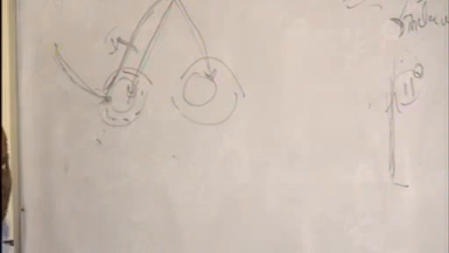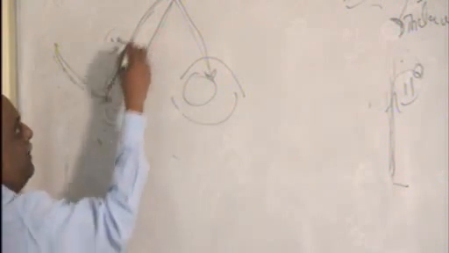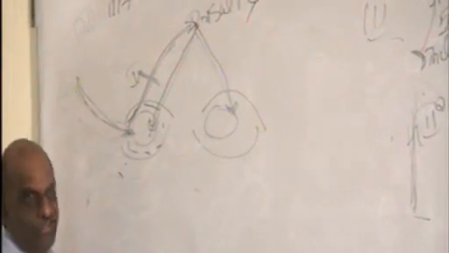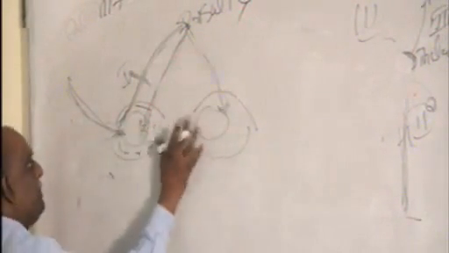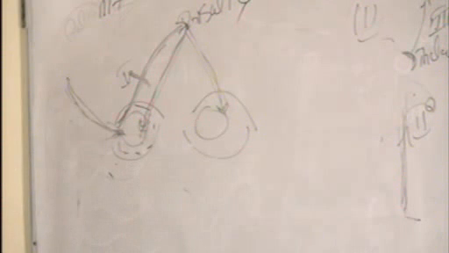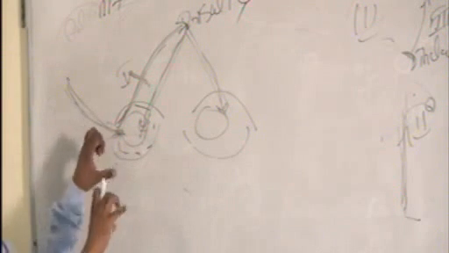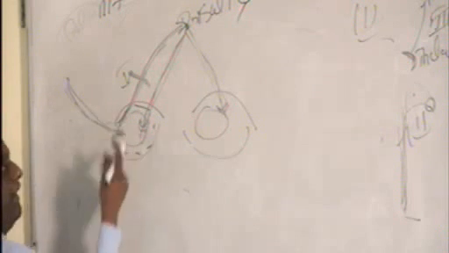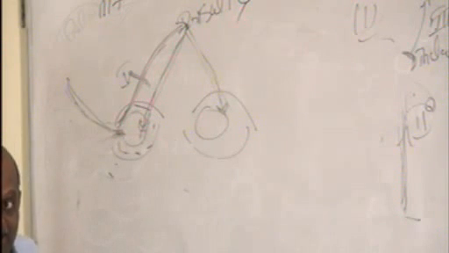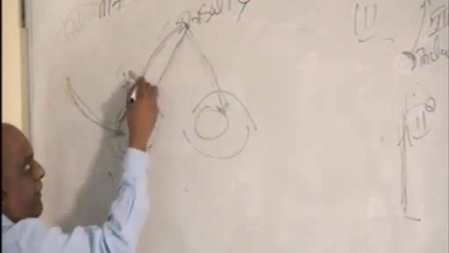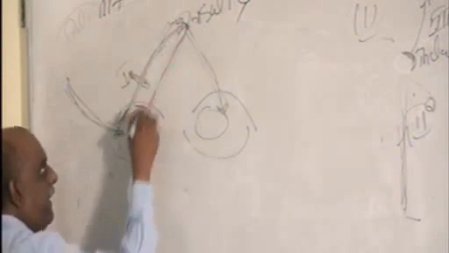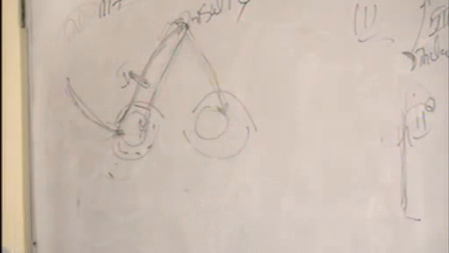There is no information going to the brain that this eye is touched, so the seventh cranial nerve on both sides does not close the eyes. Got my point? If the problem is in the fifth cranial nerve, because if the afferent information does not go, the efferent cannot go to both sides.